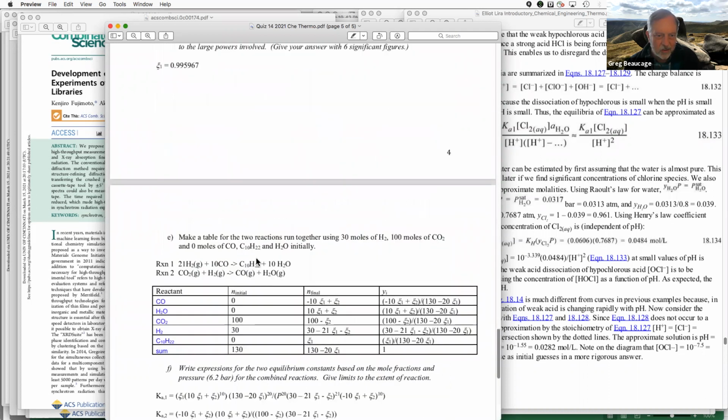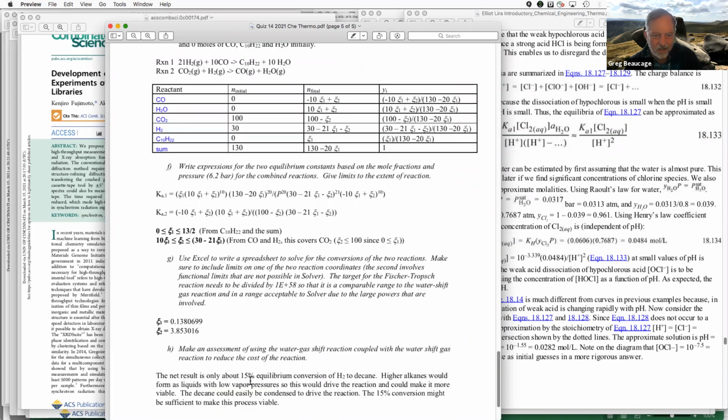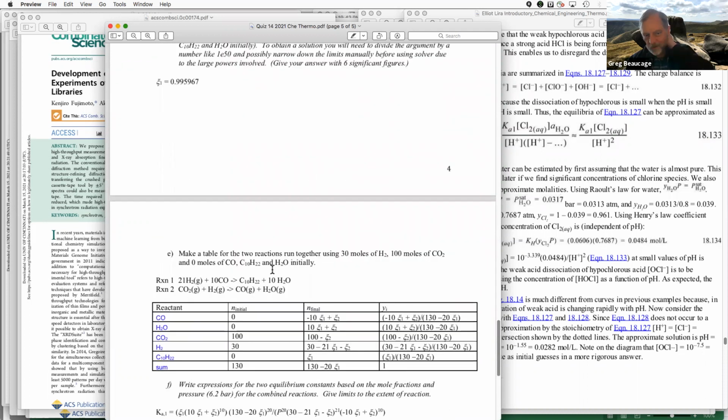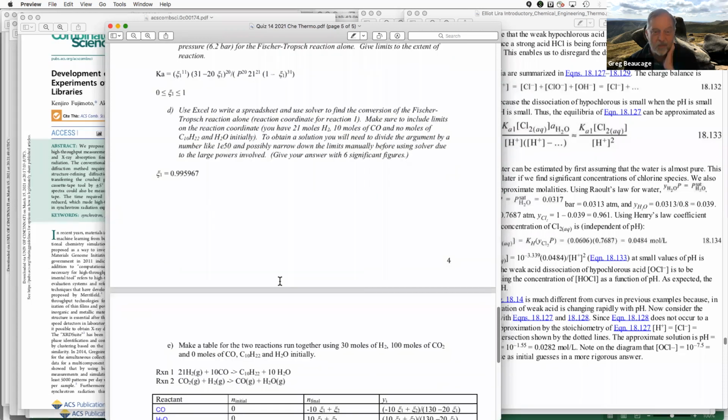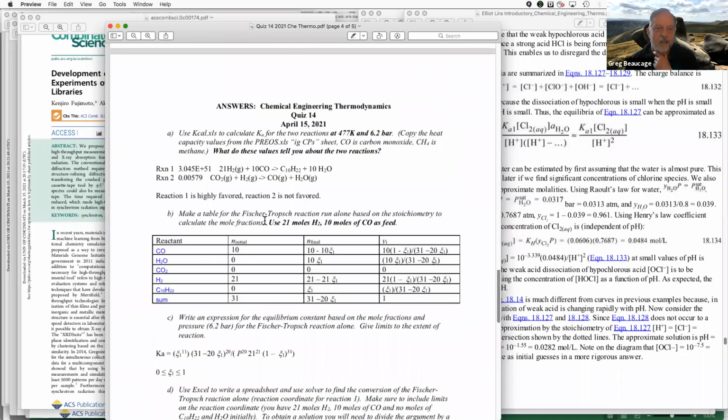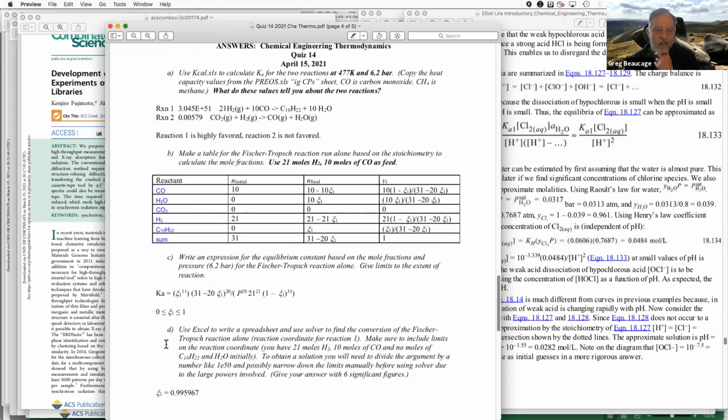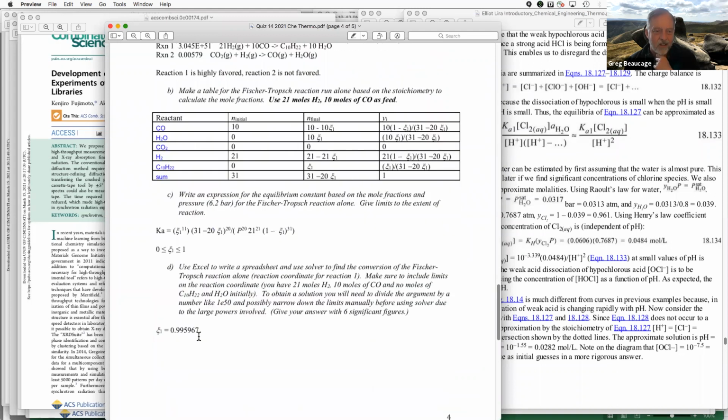As far as this goes, your goal is to produce this decane from hydrogen. So how much conversion to decane are you getting? Basically you're not getting that much, about 15% conversion. Whereas if you run the reaction alone with CO, which costs money, you get basically 100% conversion.